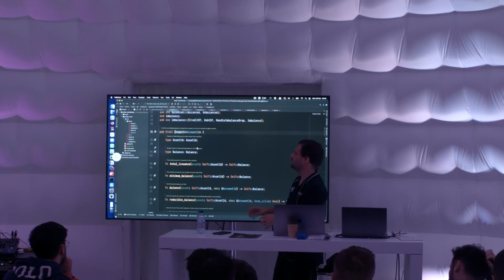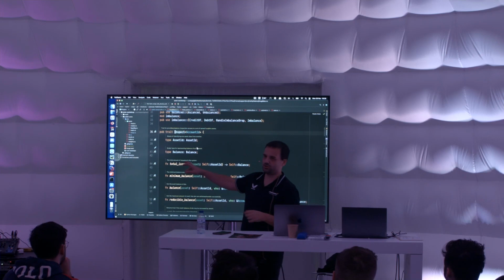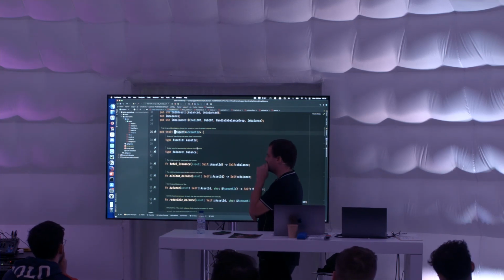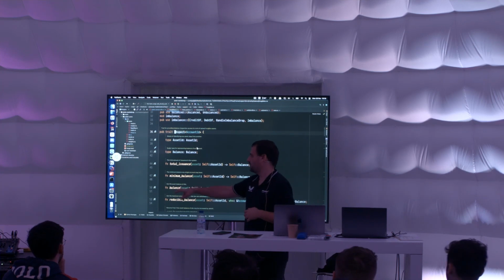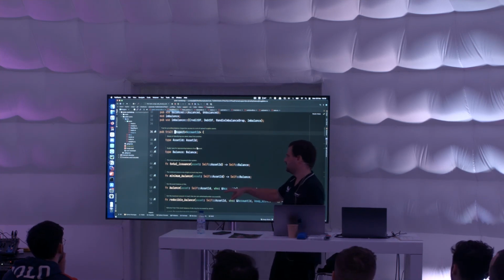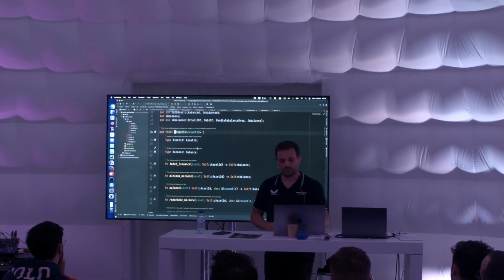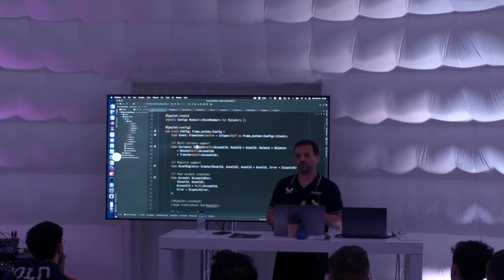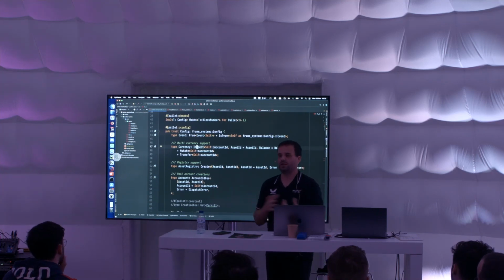We don't care what it is, but we need to be able to know the total issuance of an asset, because we will use this for the share asset ID, and we need to know the balance of an asset for this account. This is what we need just from this trait. Then we need to be able to mutate it: you need to burn and mint.